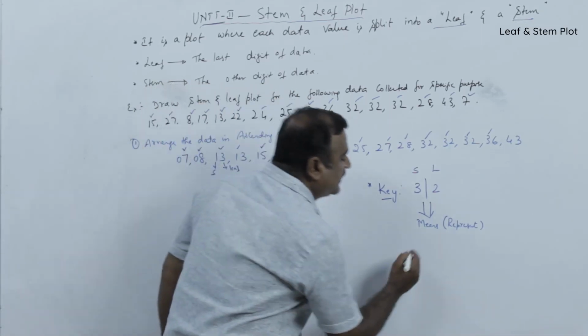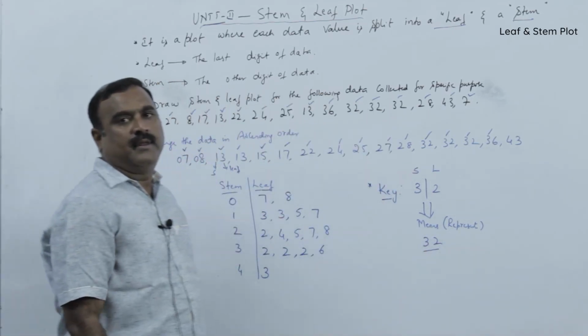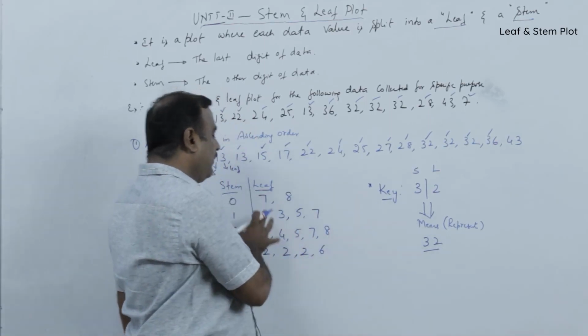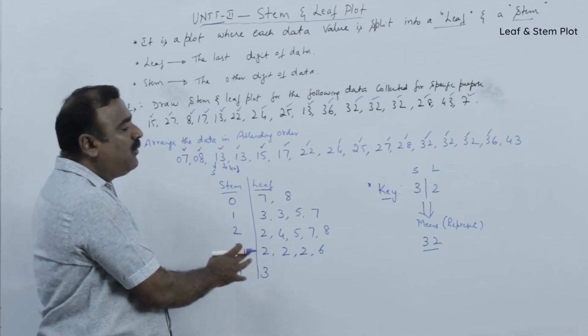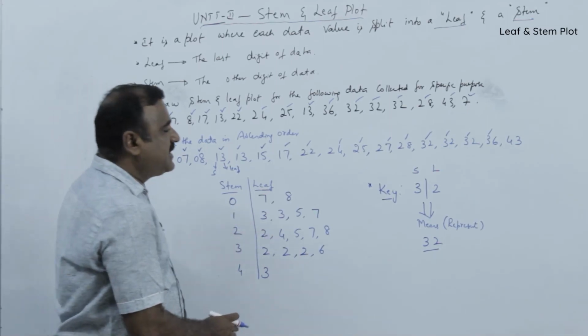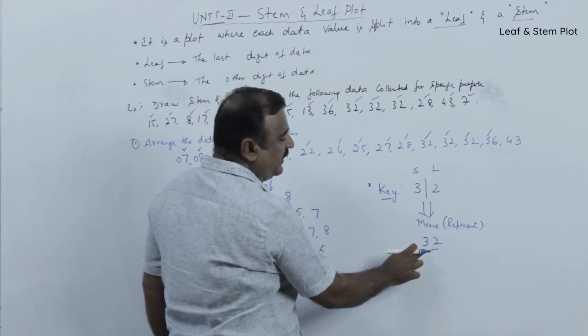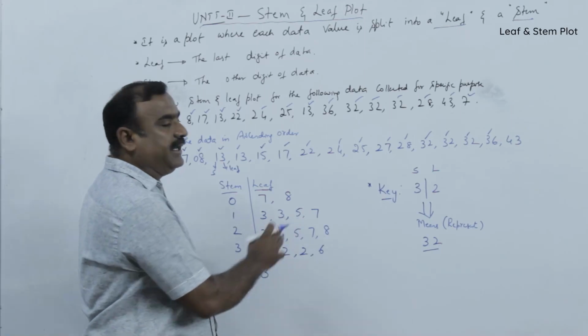So 32 is read this way. The key means how you have plotted in stem and leaf, and how to read it or what it means. It means 3 stem, 2 leaf: you have to read it as 32. So that's what it indicates.